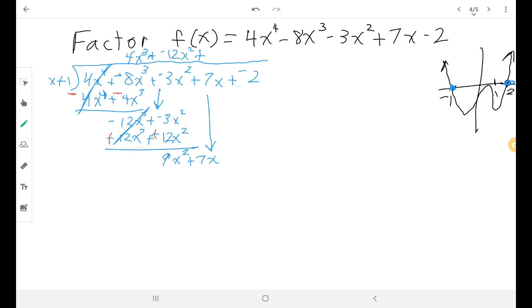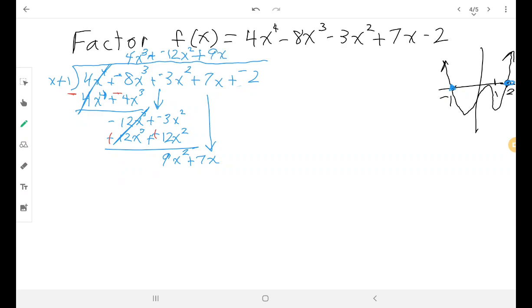What do I have to multiply by x to make 9x squared? I keep saying multiply by x because x is the first thing in this, that x right there. So it's the first term of that, whatever that is. Okay? Oops, I lost part of my plus. So now 9x times x will give me 9x squared.